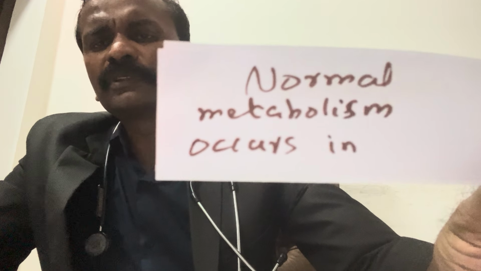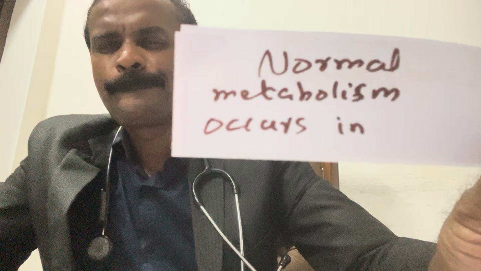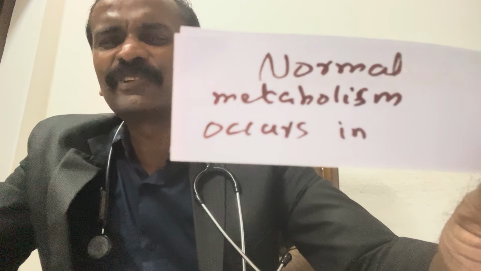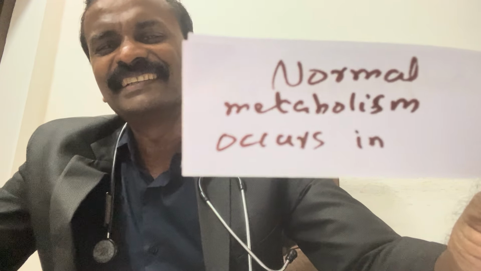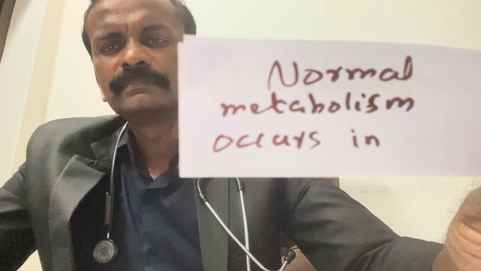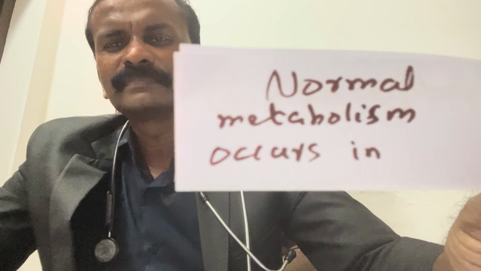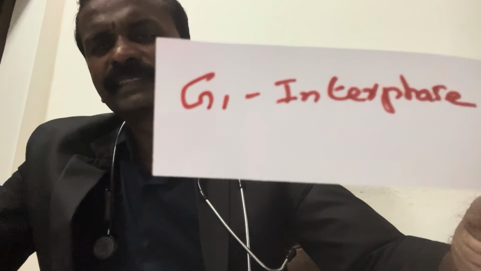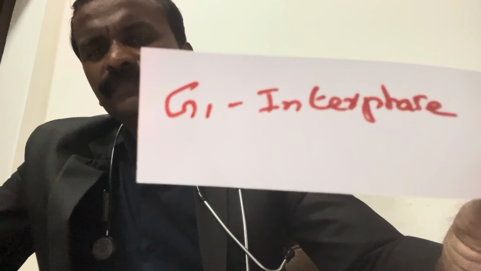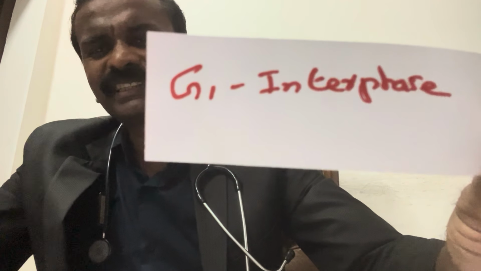Normal metabolism occurs in which phase? It will come in match the following. That time you will remember me. You will answer it superbly. Occurs in G1 interphase. Don't forget the question.